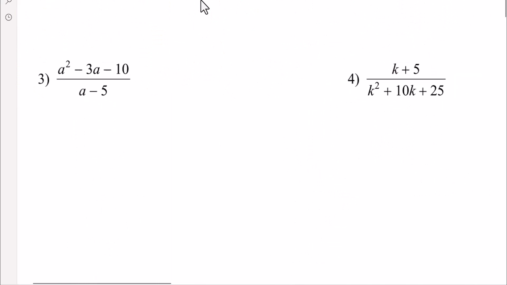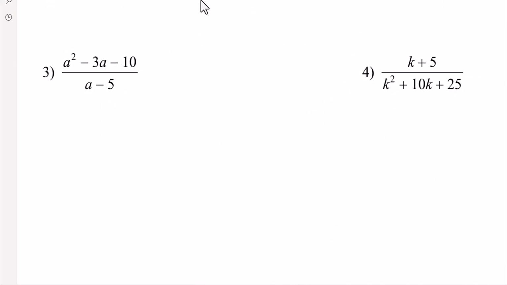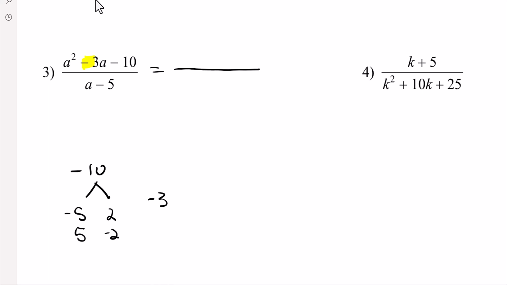Okay, so when you get to this type, you're going to want to factor. So in the numerator, factors of negative 10 that add up to negative 3. Well, that would be, let's see, negative 5 and positive 2 or positive 5 and negative 2.